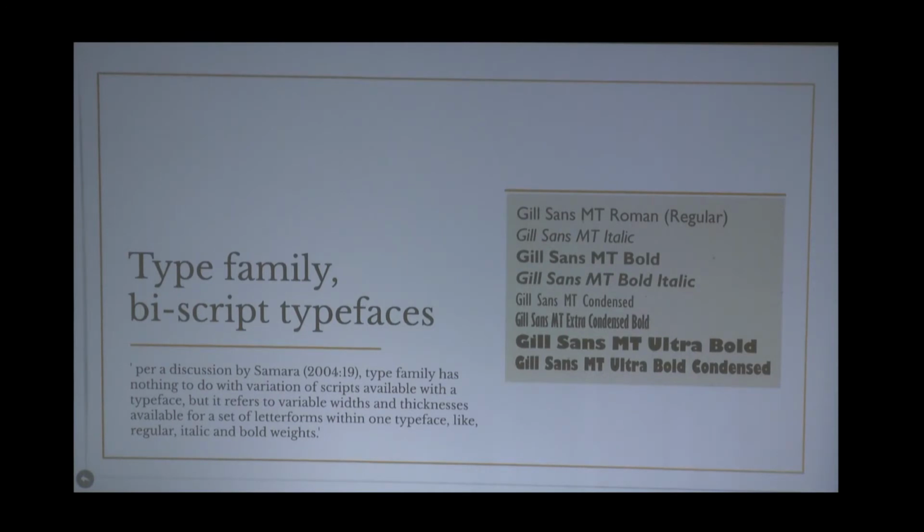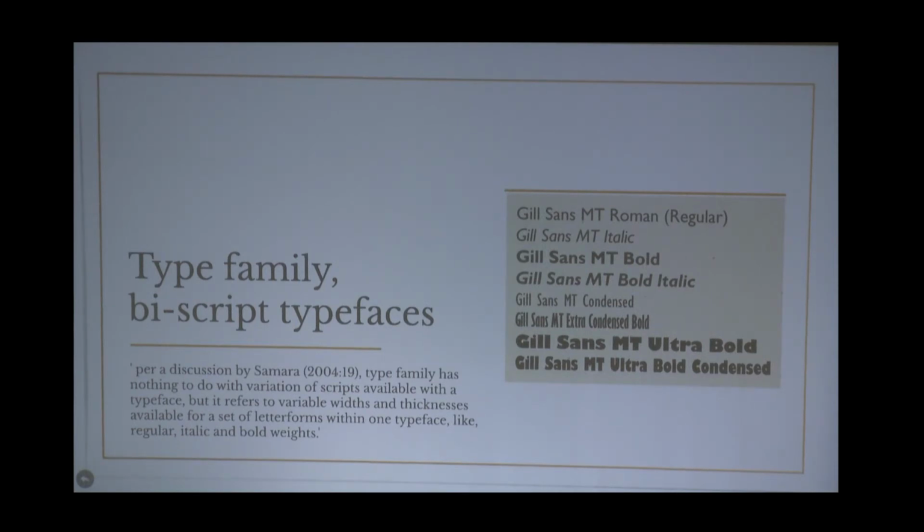And the other problem was with the term type family, because in most cases I've seen designers use this term to describe a typeface which is available in different scripts. But that's not true. According to Samara 2004, type family has nothing to do with the variation of scripts available with a typeface, but refers to variable widths and thicknesses available for a set of letterforms.